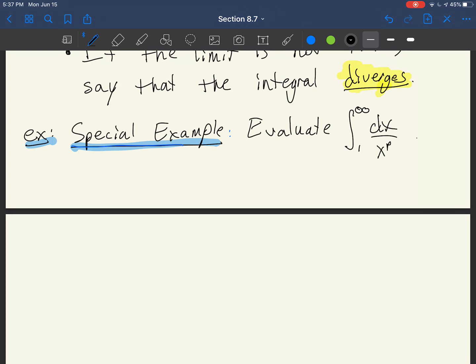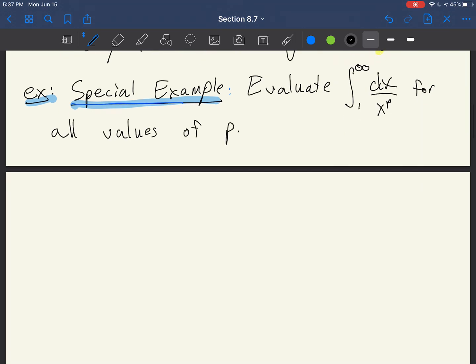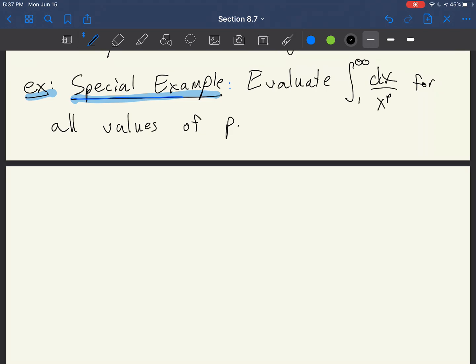So this example, we're going to evaluate the integral from 1 to infinity of dx over x to the p for all values of p. This is a special example that's important. It's going to come up frequently in the remainder of the course.